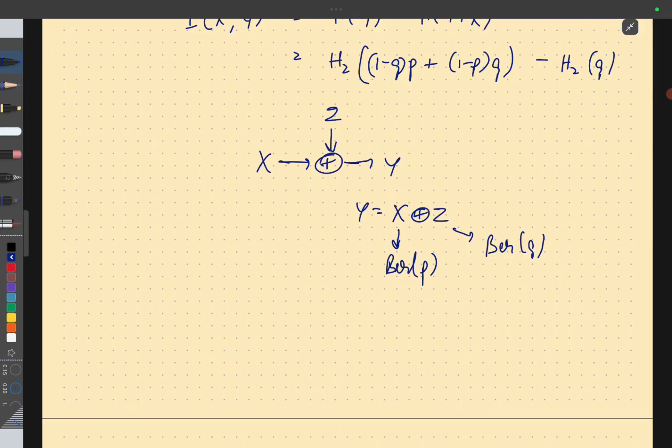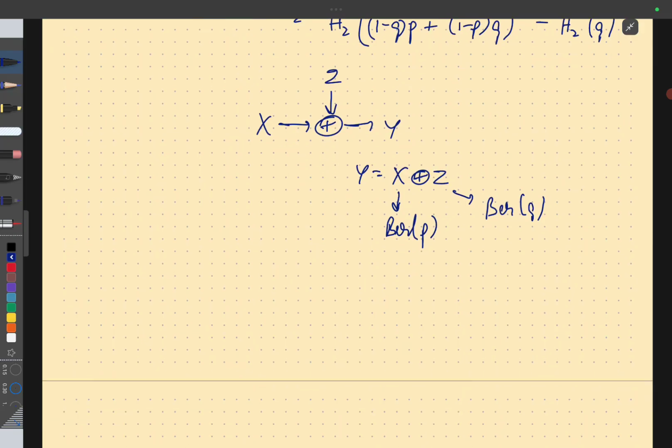That basically amounts to flipping y with probability q and leaving y as it is with probability 1 minus q. Okay. So it's a very useful interpretation to keep in mind.